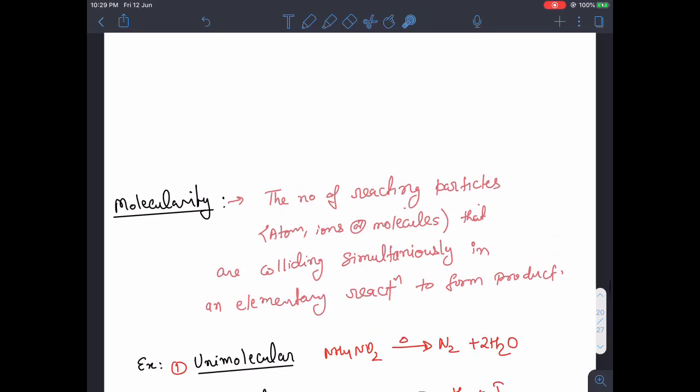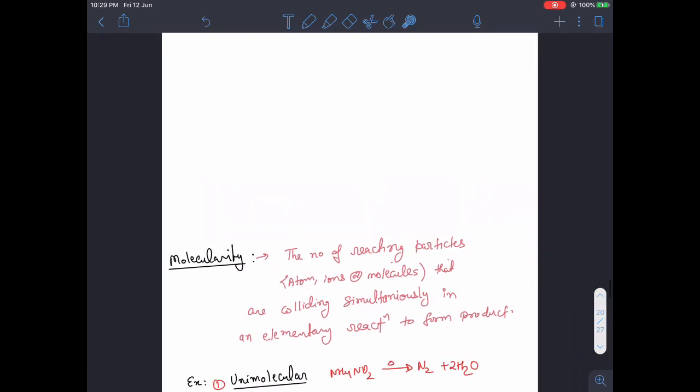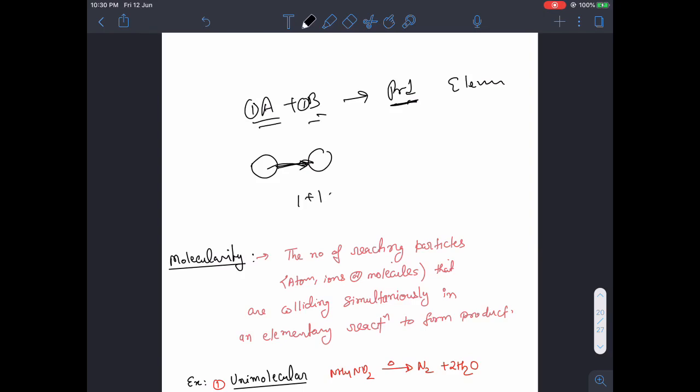It means that if you are talking about a single step reaction like A plus B forming C, or product, which is an elementary reaction, in this particular case A and B are colliding simultaneously to form the product. In that case, molecularity is simply the sum of the stoichiometry, 1 and 1. So, the number of molecules is basically 1 plus 1.